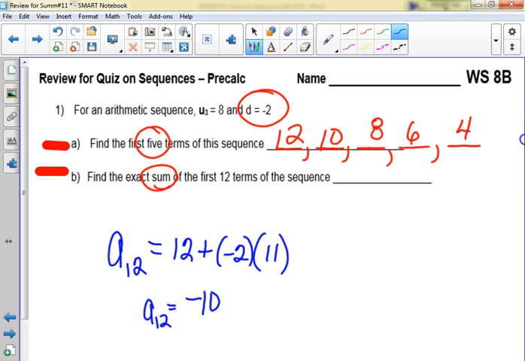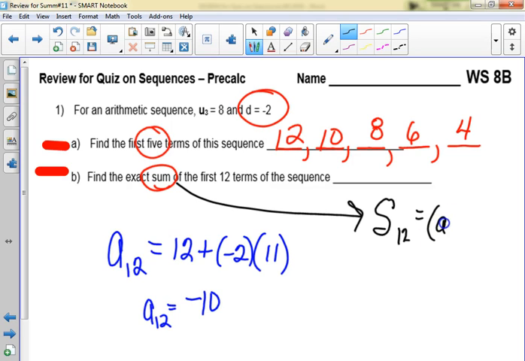Or look on your sheet and find the sum formula? It says the sum of 12 terms is a sub 1 plus a sub 12, 12 divided by 2. Does that seem okay with everybody? Know where I'm getting that?